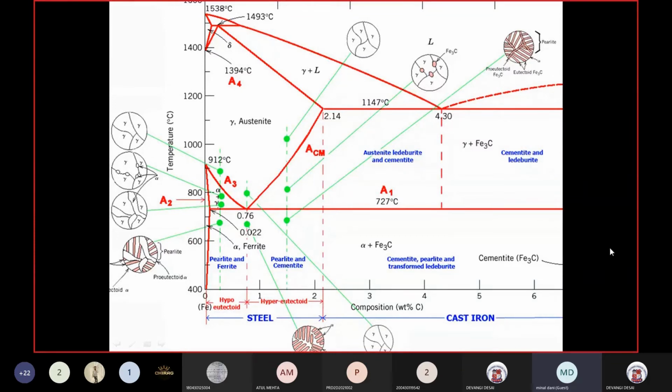So they have the range. If your carbon content is exactly 0.76, you have to heat above 727. Once the carbon range becomes less, then you have to follow this line. Okay, if you have the carbon content at a higher range, you have to follow this ACM line.